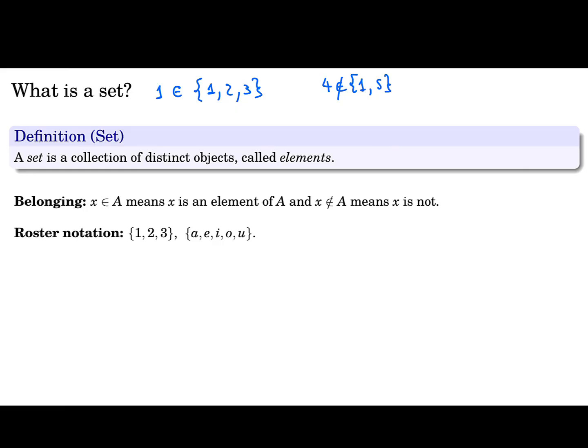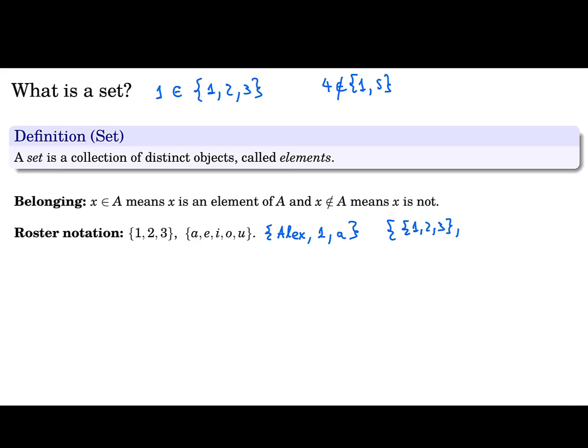And it's where you essentially just list out every object in the set. So here, for example, of course, you have 1, 2, 3, but you could have A, E, I, O, U, but you could also have any other kind of things. You could have names combined with numbers, and this is the set A. You can also have a set that has sets in it, right?